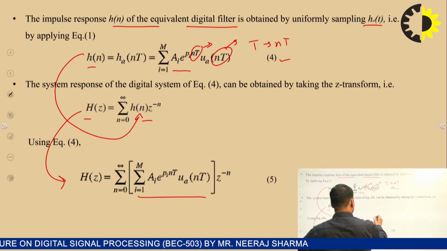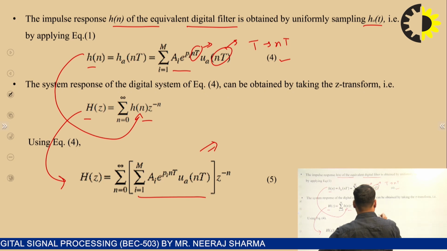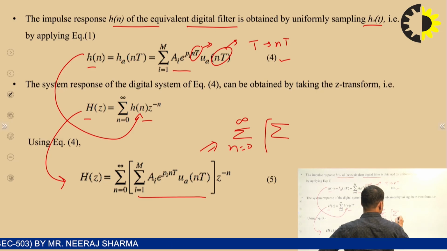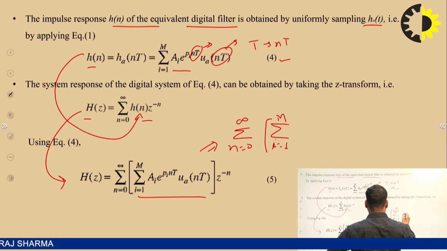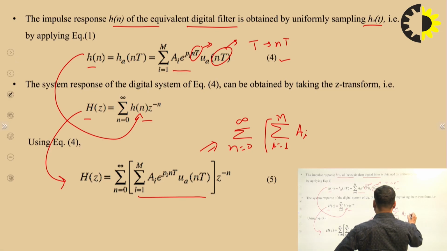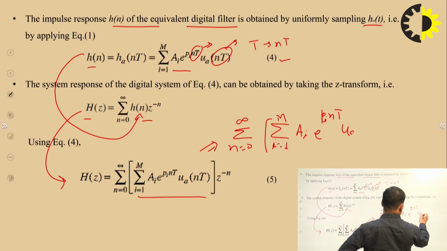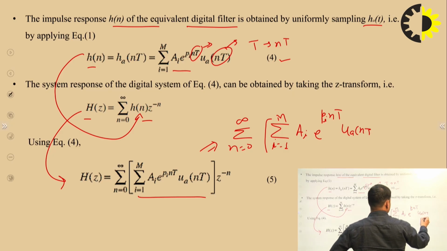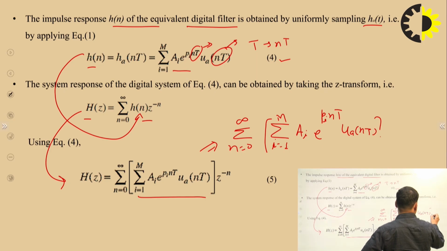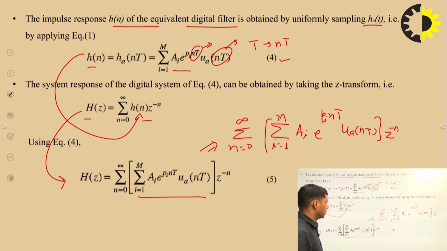You can see here, or clearly visualize it: n equals 0 to infinity, summation of i equals 1 to m, A i e raised to the power of p i into n into t, Z raised to the power of minus n, this one.